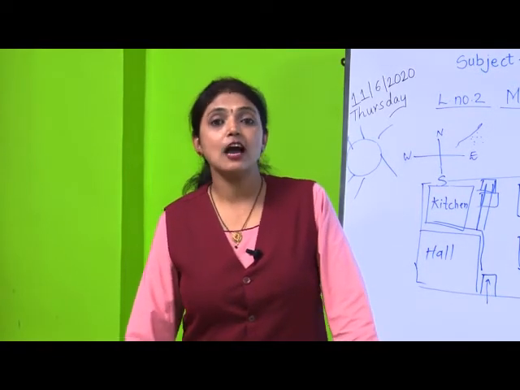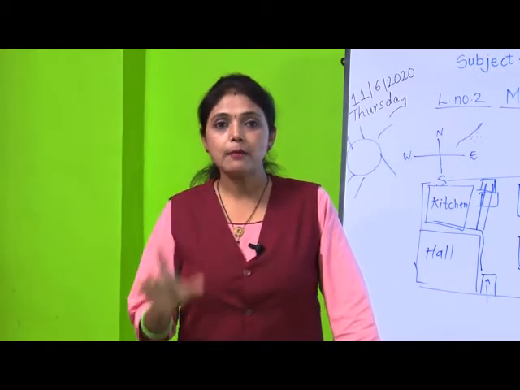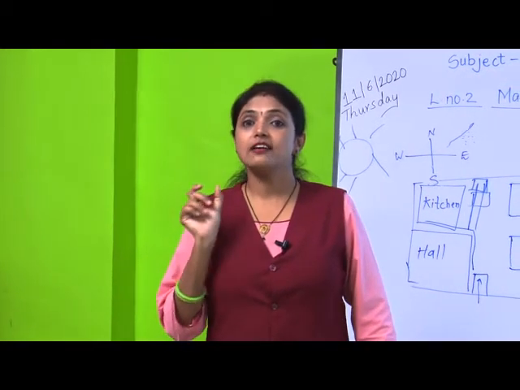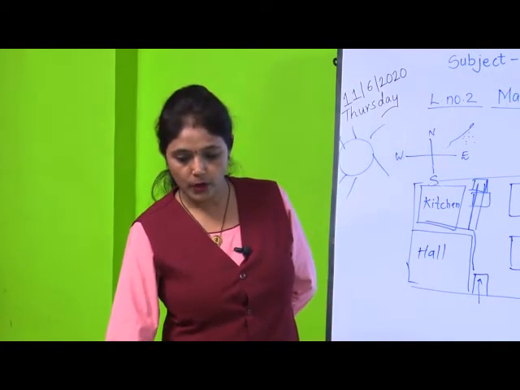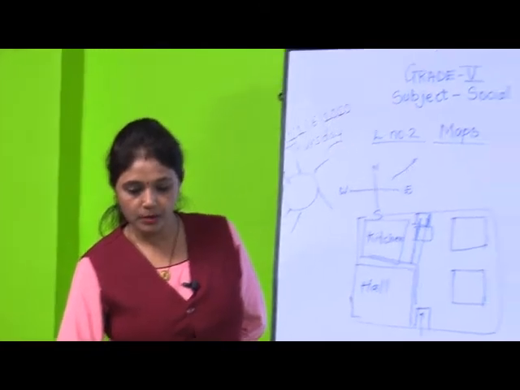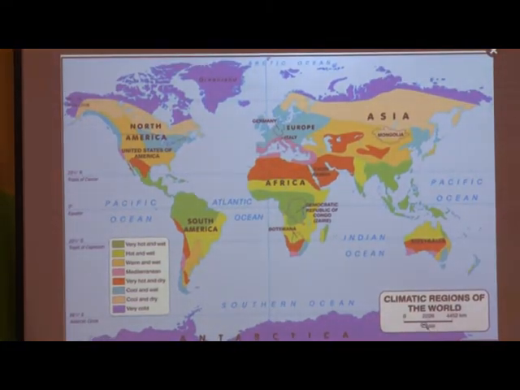So scales are mentioned below the maps. Whenever maps are shown, the scales are given just below the map. Now I will show you one picture of a world map. See, here they have given the scale.